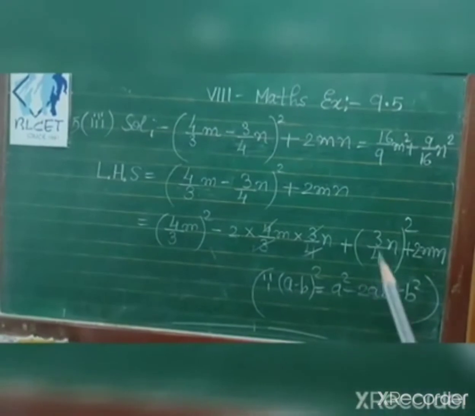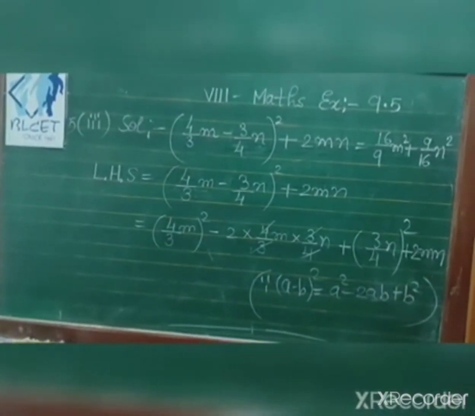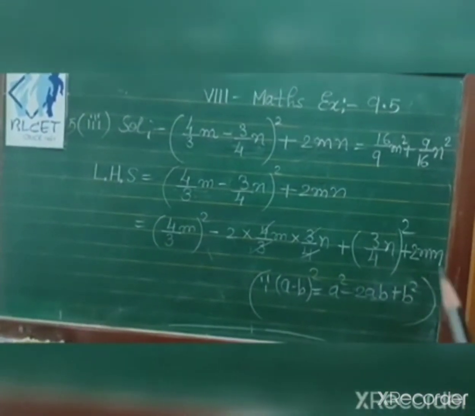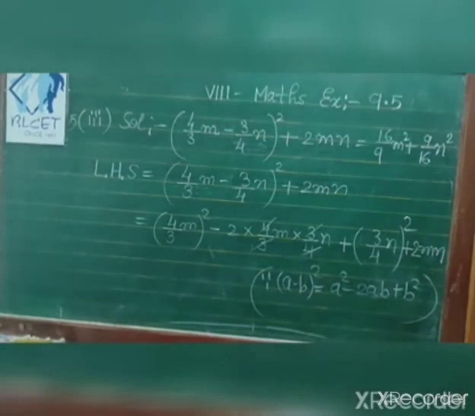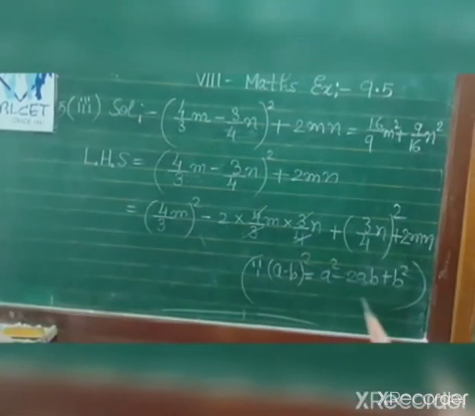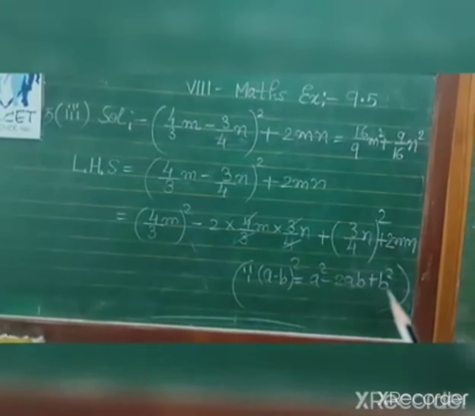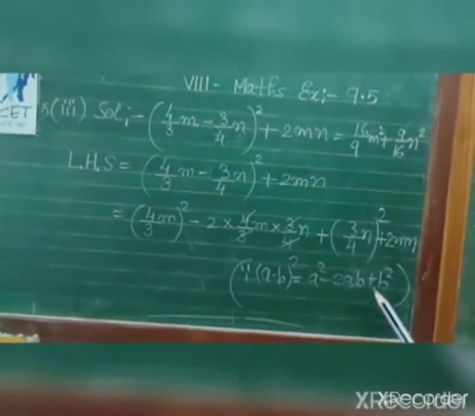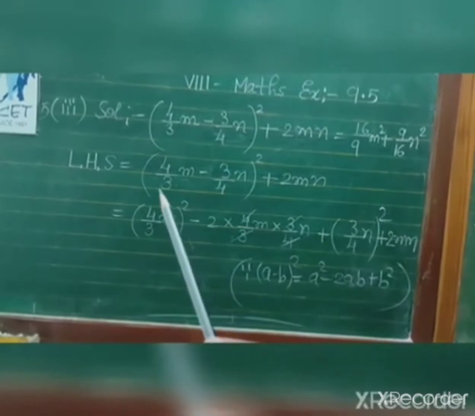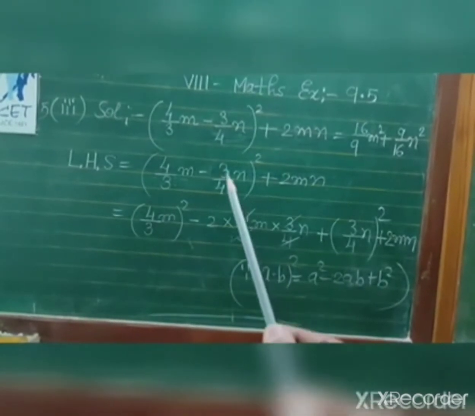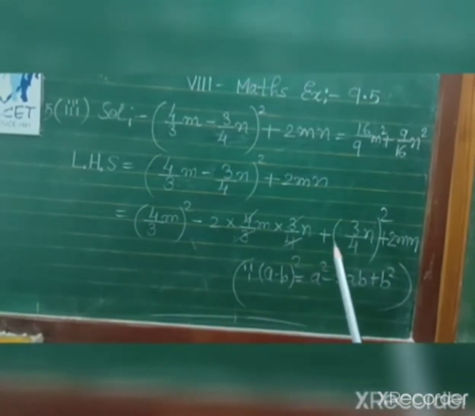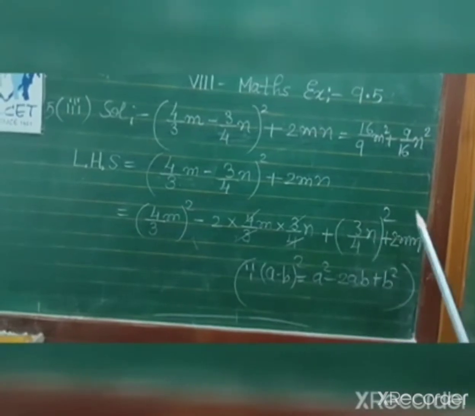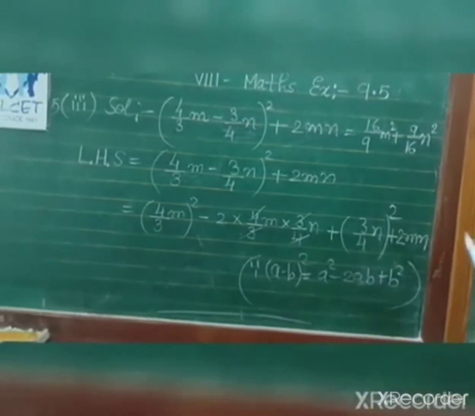So first term square minus 2 into first term into last term plus last term square. You can see here a minus b whole square is equal to a square minus 2ab plus b square. a square, that means 4 by 3m whole square, minus 2ab, that means minus 2 into 4 by 3m into 3 by 4n, plus 3 by 4n whole square, that means b square, and plus 2mn as it is.